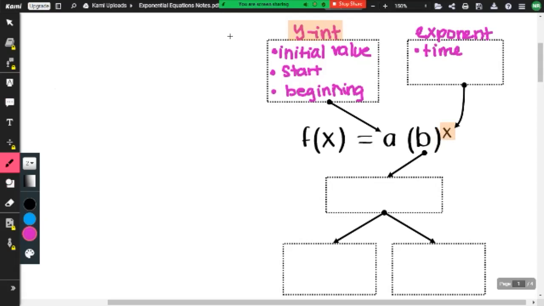But think about this. Time can be described in how many different ways? Give me some forms of time. Years, days, seconds, minutes, months, hours. Yeah. But your time could also be represented a little bit differently.